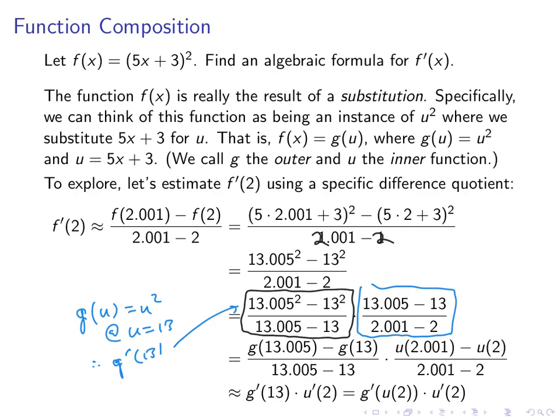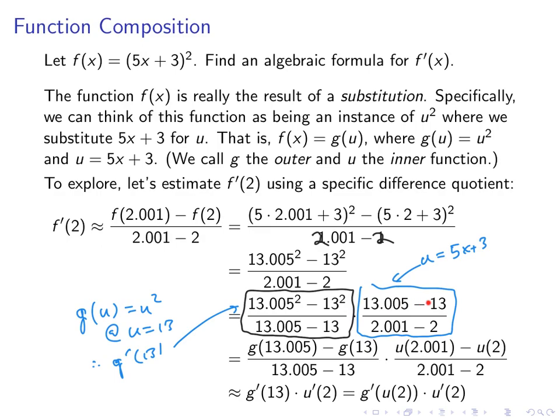And then here, this also is a slope. This 13.005 minus 13 over 2.001 minus 2, this is a slope of the inside part. Remember, u is 5x plus 3. And so if you take the x values of 2.001 and 2 and plug them into this formula, you get 13.005 and 13.